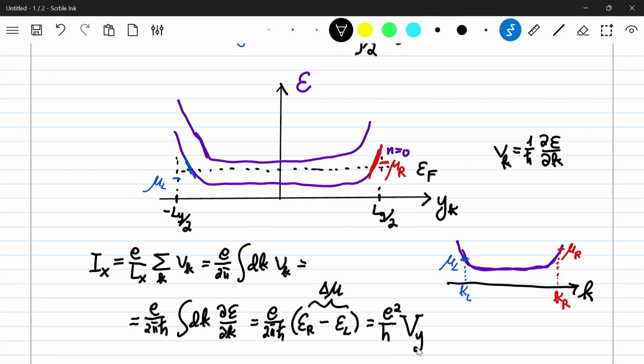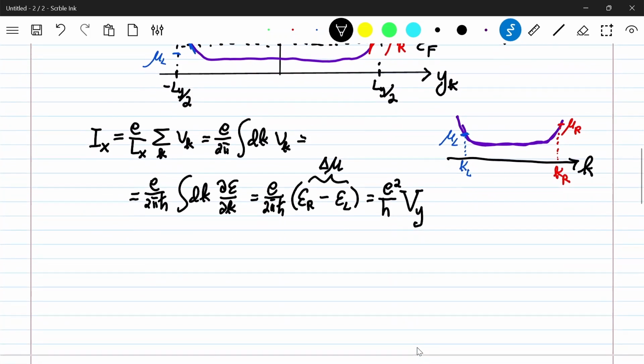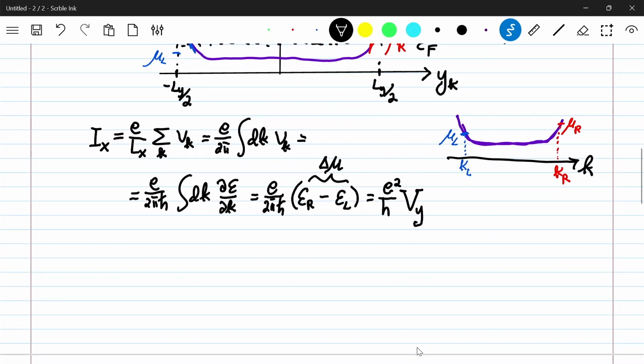You see, more or less one line gave us the answer, because the ratio between Ix and Vy is exactly what we call the Hall conductance. So we get that sigma xy is exactly E square over h.